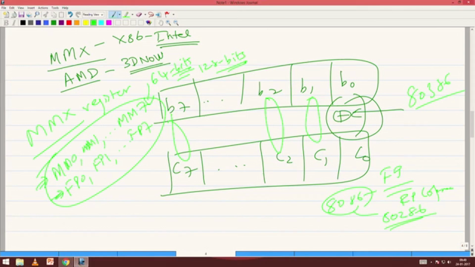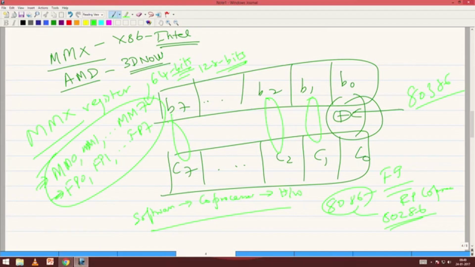So essentially yesterday's software is today's coprocessor and tomorrow's hardware. This is a transition.